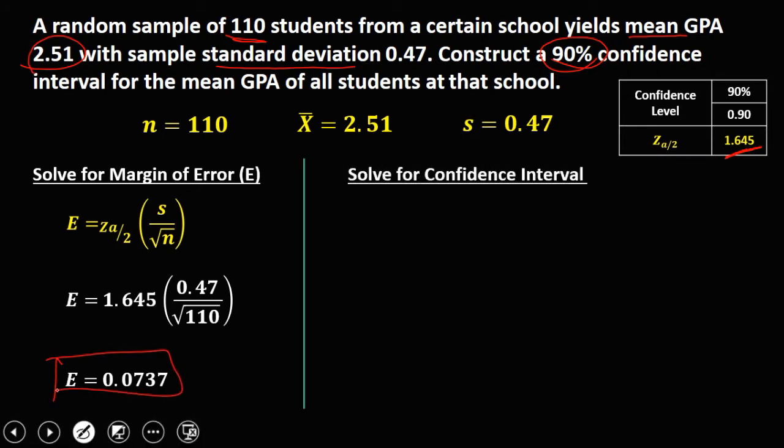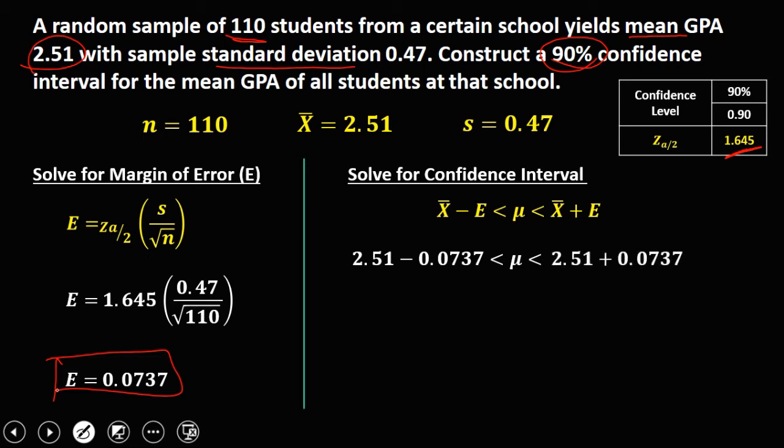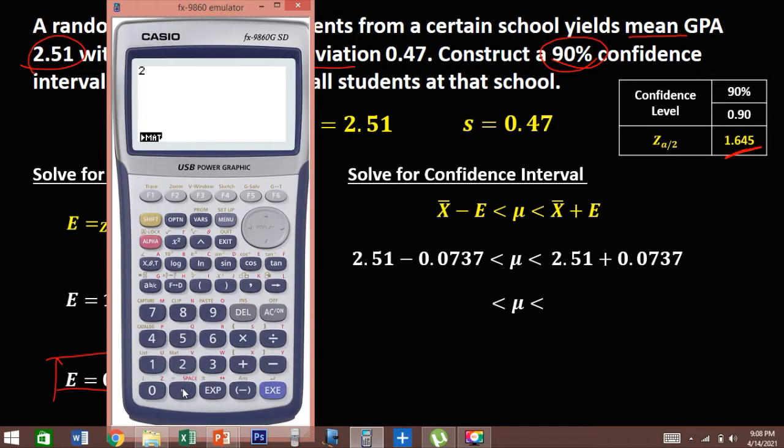Then solve for the confidence interval using this formula. For the lower boundary, sample mean, that's 2.51 minus the margin of error. And the upper boundary, sample mean plus the margin of error. Then simplify. 2.51 minus 0.0737 is 2.44.